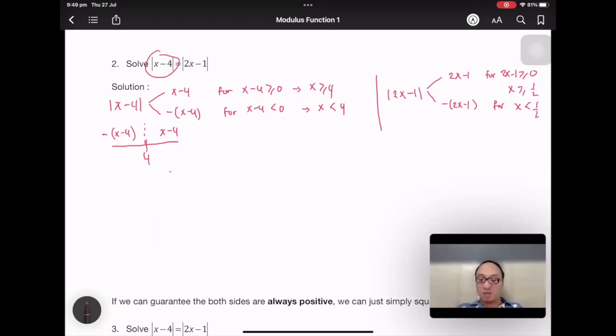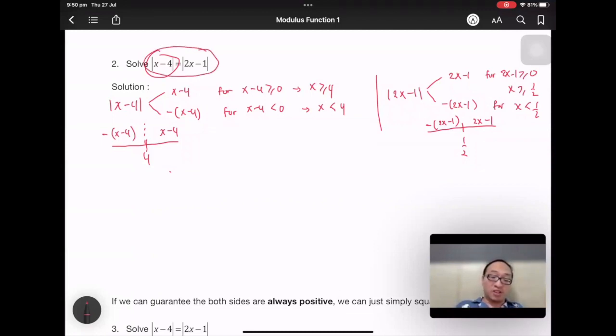So that means using the number line, this is half, it will be positive over the region greater than half and negative in the region smaller than half.